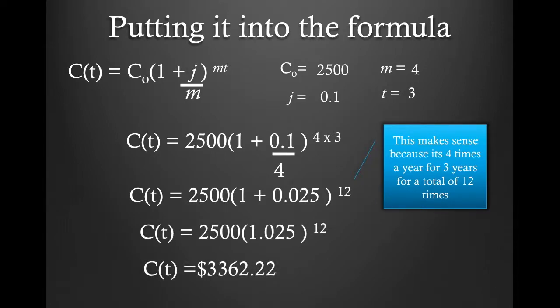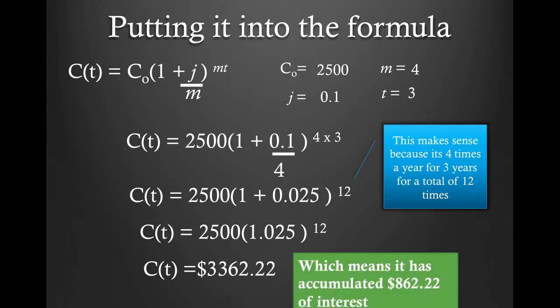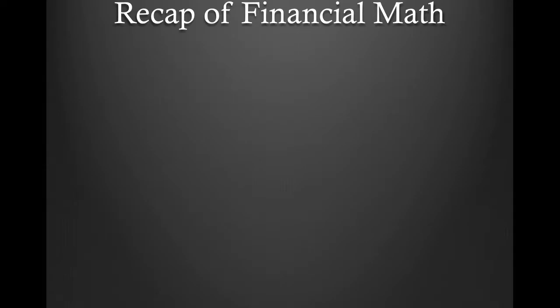Our final answer is that after 3 years, we'll have $3,362.22. And in general, since you started with $2,500, you have accumulated $862.22 of interest.